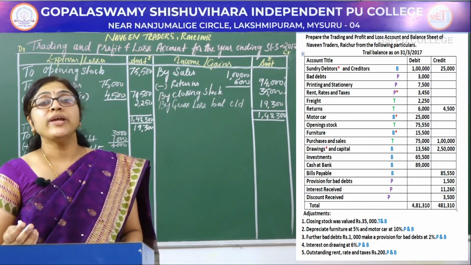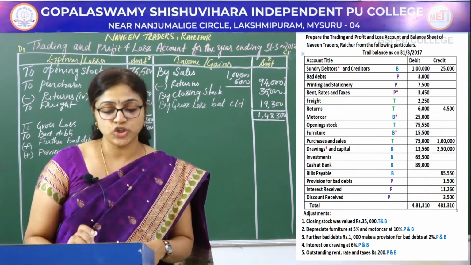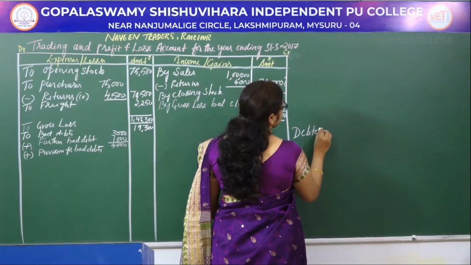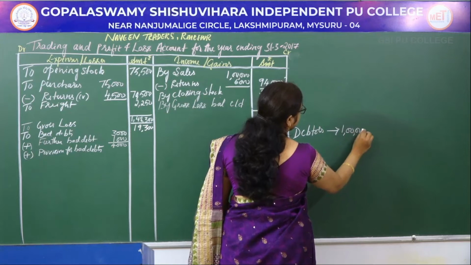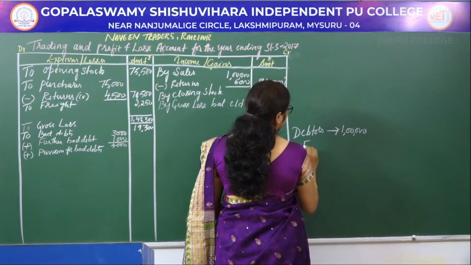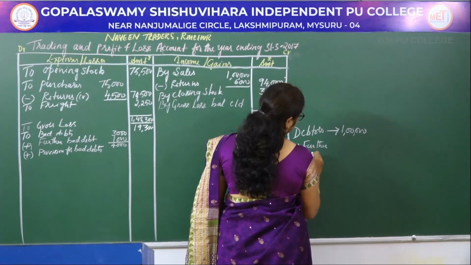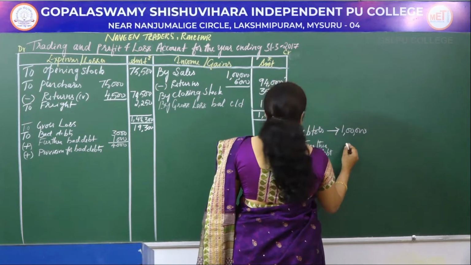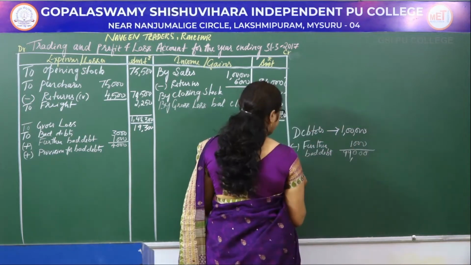It is calculated on the debtors. So the total debtors given in the trial balance is 1 lakh. Debtors value is 1 lakh, less further bad debt 1,000, 99,000.